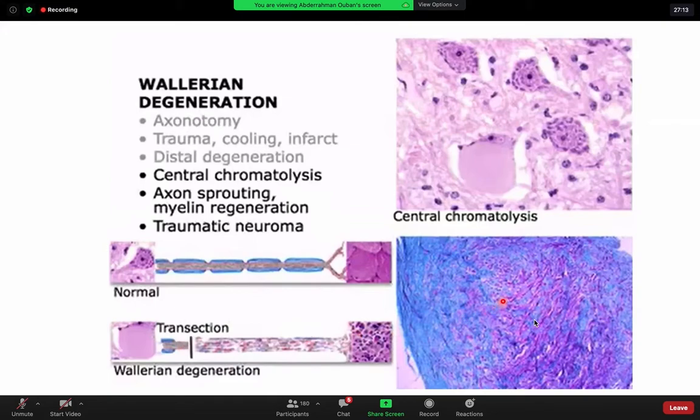And in the bottom picture in this slide, you see the haphazard arrangement. You no longer have this very linear, very organized arrangement of this longitudinal section of this peripheral nerve. Rather, you start to have circular fragments of these regenerated nerves being placed in all different directions, resulting in what is known as a traumatic neuroma. Okay.